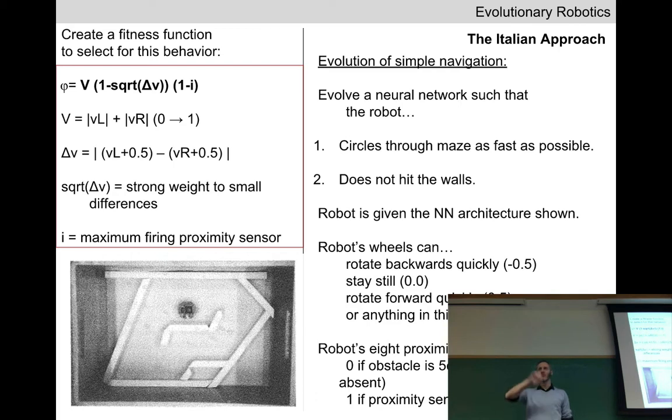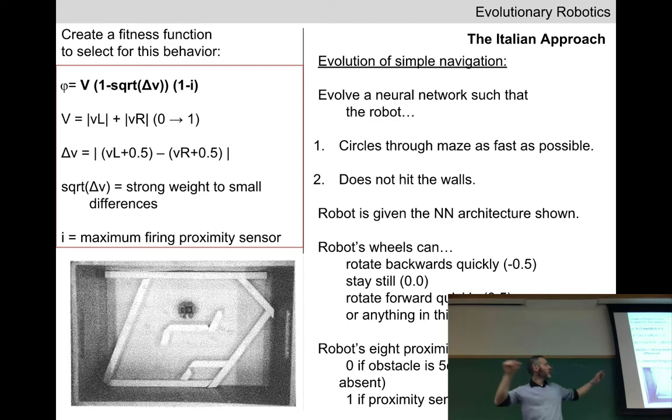What does the square root function look like if you plot it? Grows very quickly, right? And then starts to slow down. So what that means, if you wrap a term in your fitness function into a square root function, anytime you make a slight improvement in that term, which in this case is delta v, that means you align the speed of the wheels better, you get a big fitness bump, right?